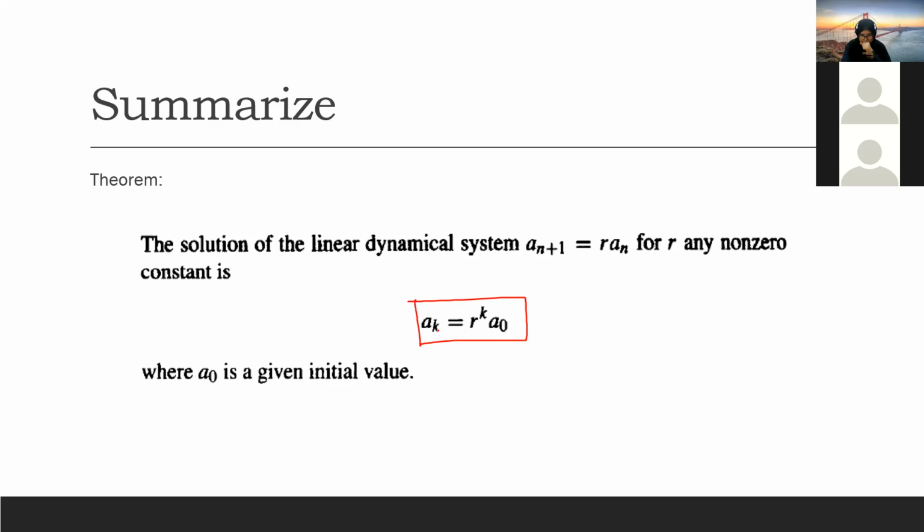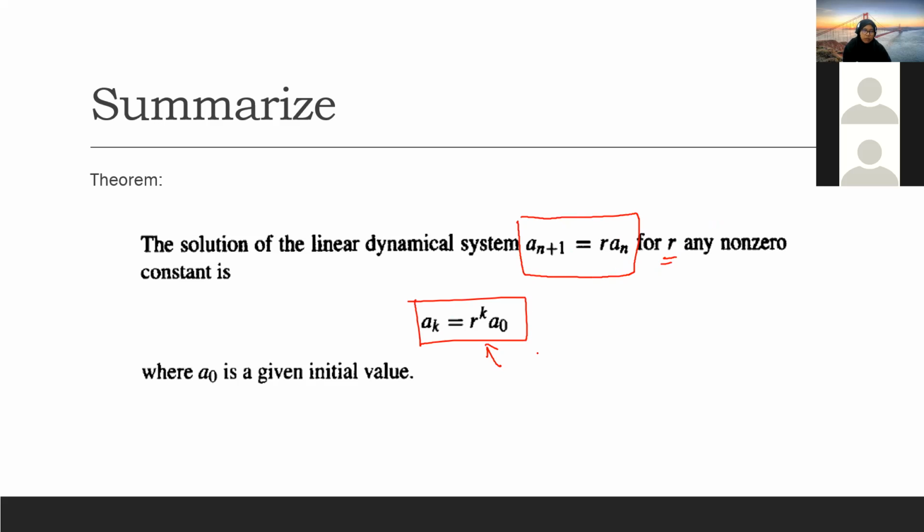All right. So in summary, if we have this system, this set of dynamical system, set of data right here, and for R any non-zero constant, the formula is like this. So this is our formula.